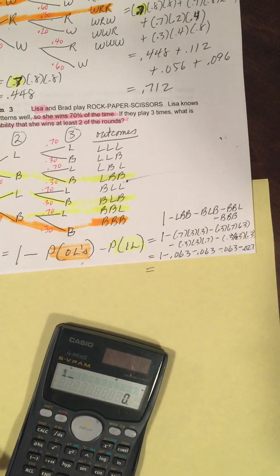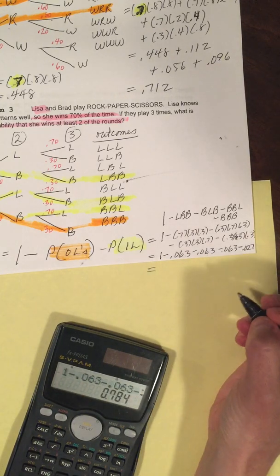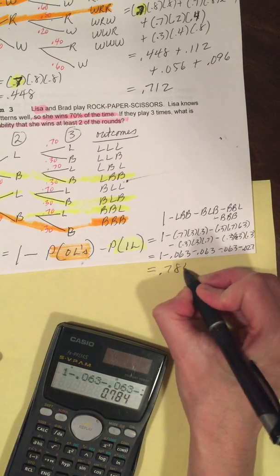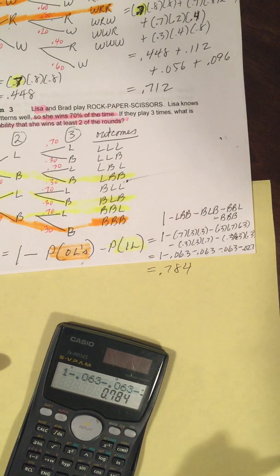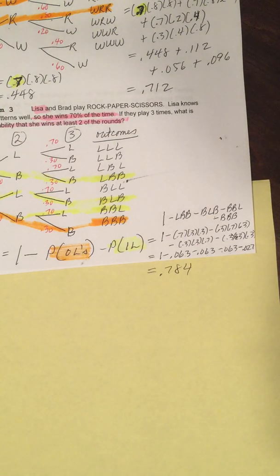So 1 minus all of those gives 0.784. There's a 78.4% chance that she is going to win at least 2 out of the 3.